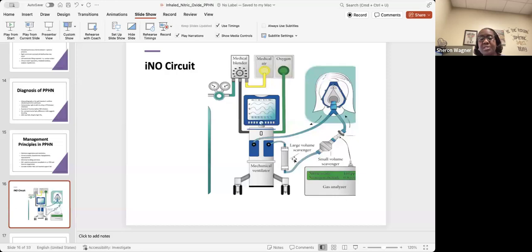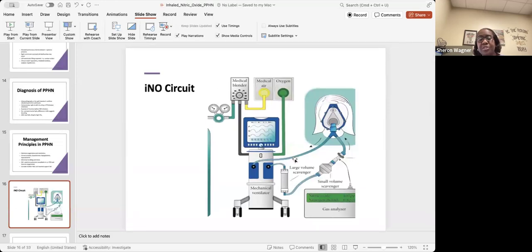So this is just a simple little diagram showing a nitric circuit. The nitric cylinder is hooked up to the ventilator, and it goes through the ventilator circuit and then gets diverted to the baby via the ventilation.